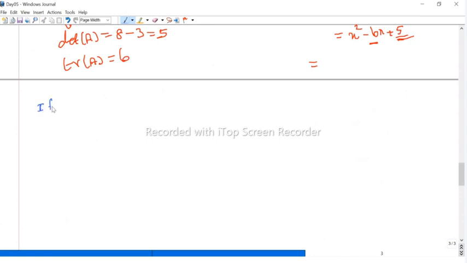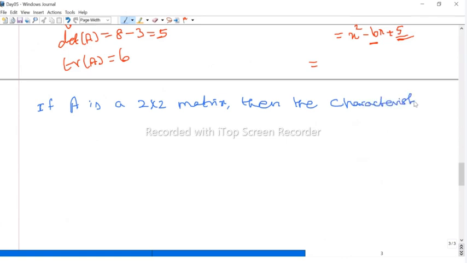So if A is a 2 by 2 matrix, then the characteristic polynomial of that matrix is a monic polynomial, therefore the leading term should be 1, so x square, a second degree polynomial, minus trace of A into x plus determinant of A. We call it P of x.